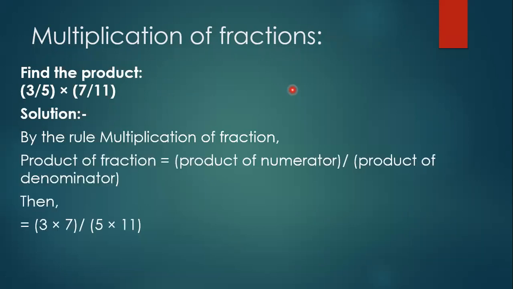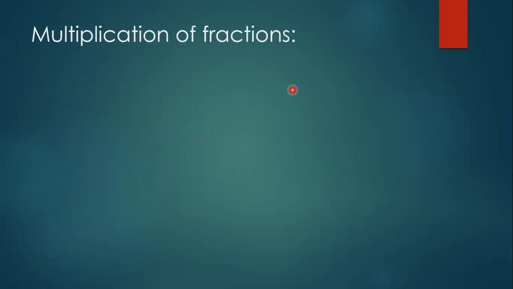So my answer is going to be 3 multiplied by 7 in the numerator, and in the denominator it's going to be 5 multiplied by 11. Now 3 multiplied by 7 is 21, 5 multiplied by 11 is 55. This can't be solved further, so this is our answer.